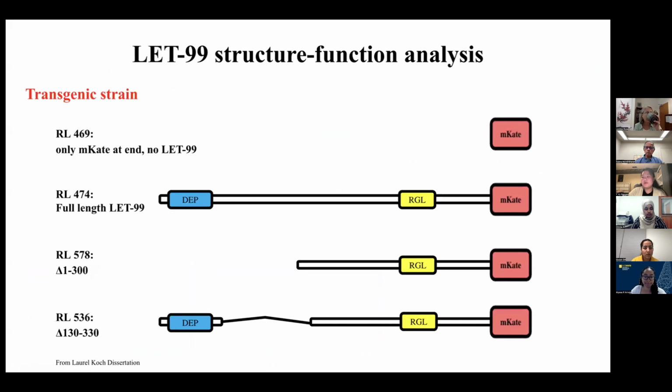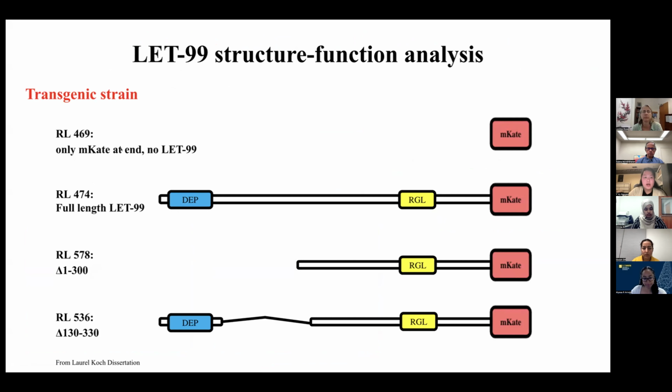So here are the different types of transgenes that we use in the lab. These different transgenes were created by crossing the transgene into the let-99 mutant background. All of the transgenes have mCherry fused to the protein to follow localization of the transgene, to see if it can get to the membrane or not in order to do its function.